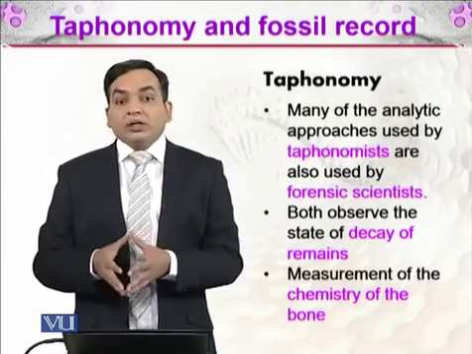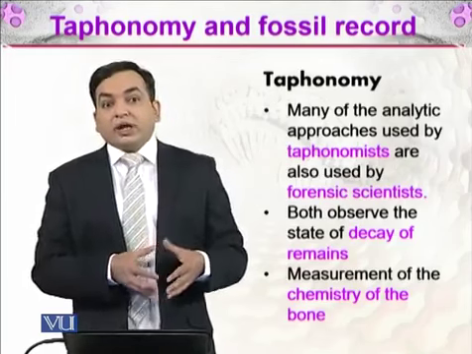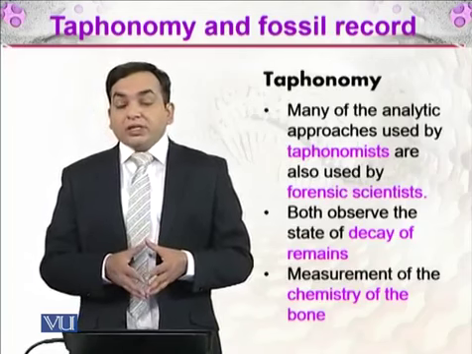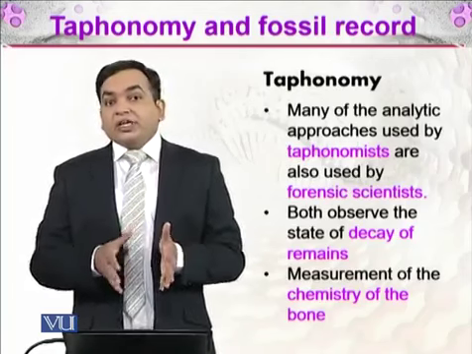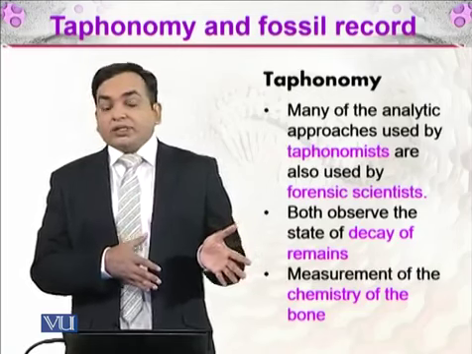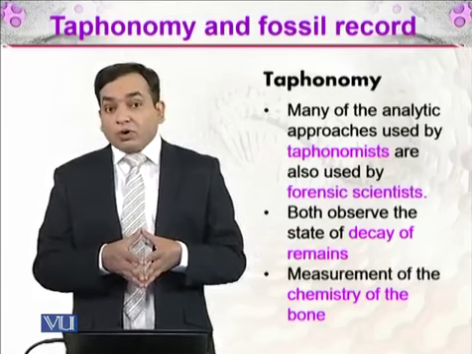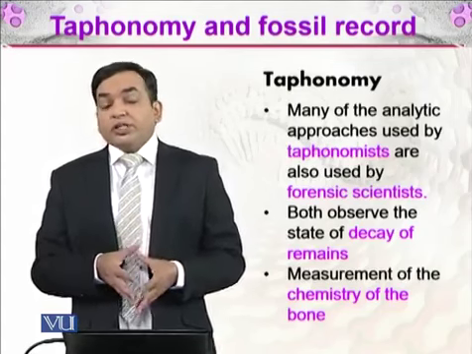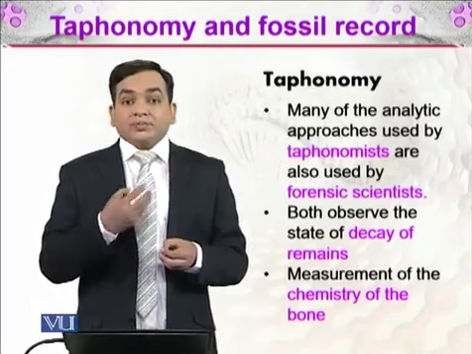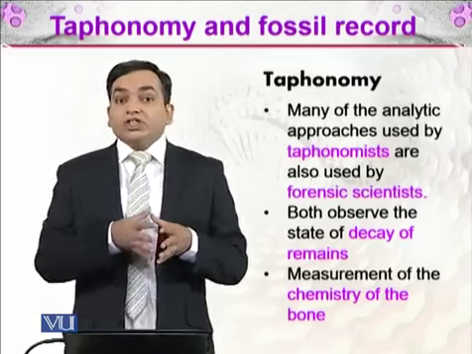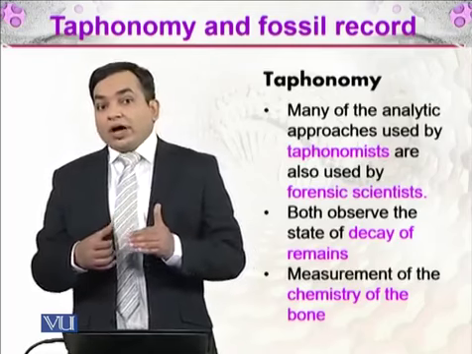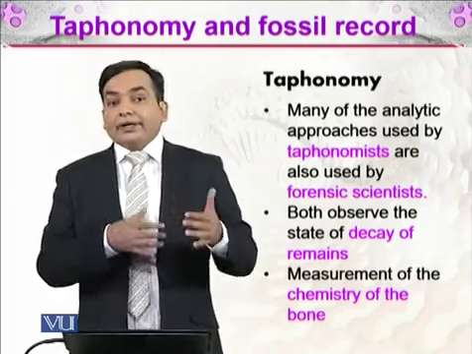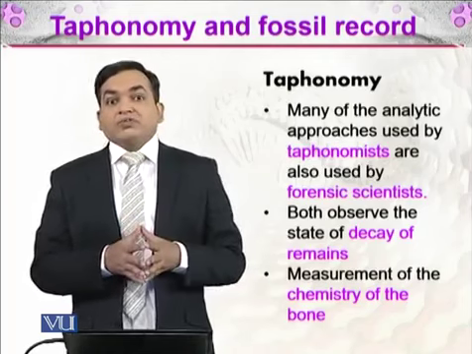They have to know when this person was killed and what changes took place after the murder, and they study the changes after that. The same is the case for the paleontologist and taphonomist. Taphonomists look at the aspects of the fossil related to the changes after the animal or plant died and the process of preservation started.